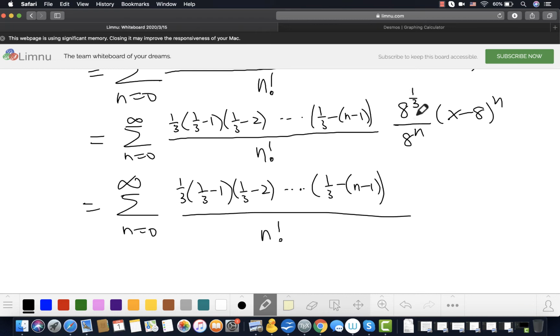Now, 8 to the power of 1/3, this thing here, is just 2, because it's just the cube root of 8. Cube root of 8 is 2. So right here, this thing here is 2. So times 2. And then this part I can just combine.